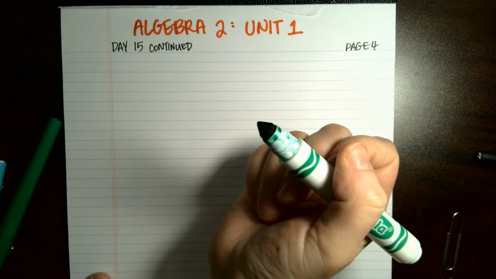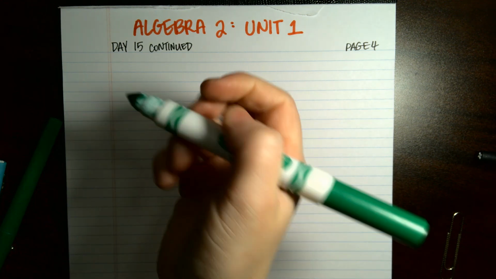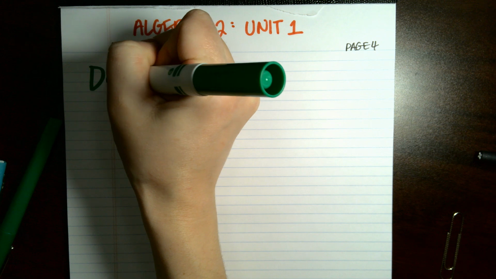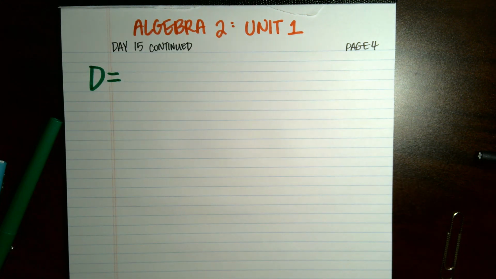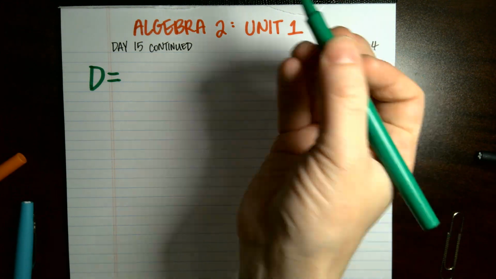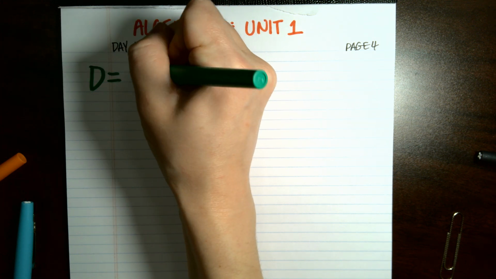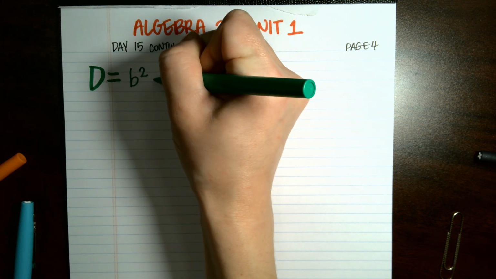I'm going to rewrite that formula for the discriminant up here just so I can kind of have it tucked away and I can reference it if I need to. So D equals B squared minus 4AC or plus negative 4AC, whichever you prefer. They're the exact same.